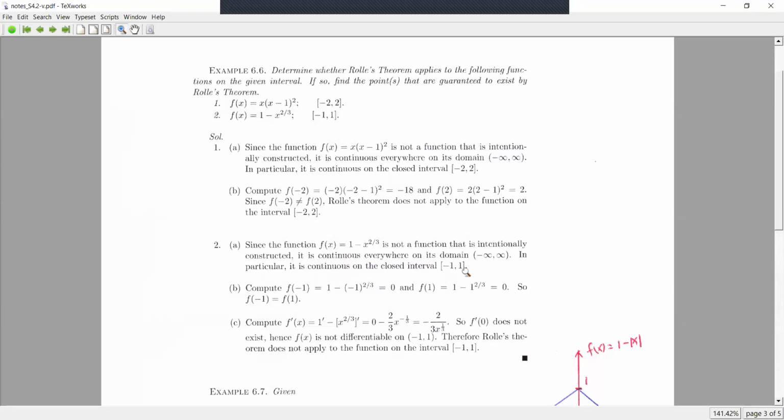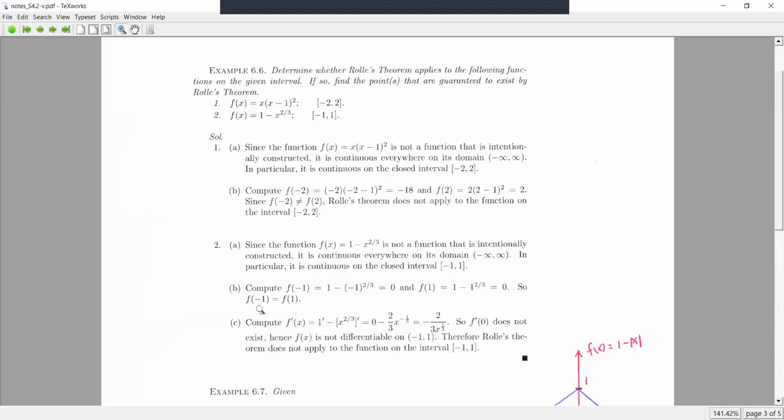Now check the second condition in Rolle's theorem, whether or not function values at the two endpoints are equal. Plug in the left endpoint of this interval in x, then we get function value at -1 is 0. I plug in the right endpoint of the interval in x, function value at 1 is 0.